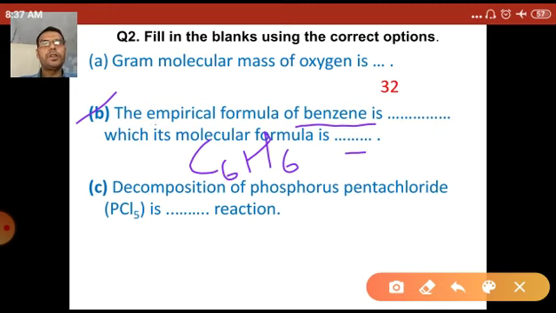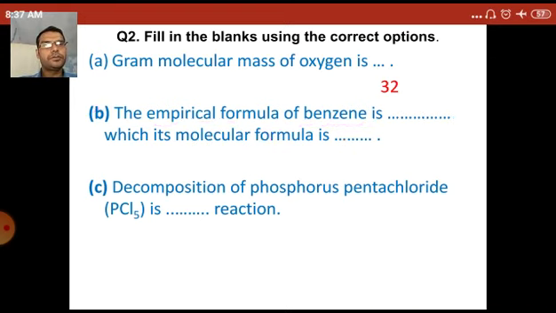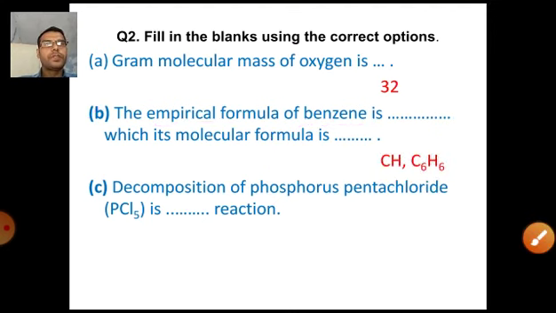So the simplest ratio of the elements is CH. So the answer: empirical formula is CH and molecular formula is C6H6.